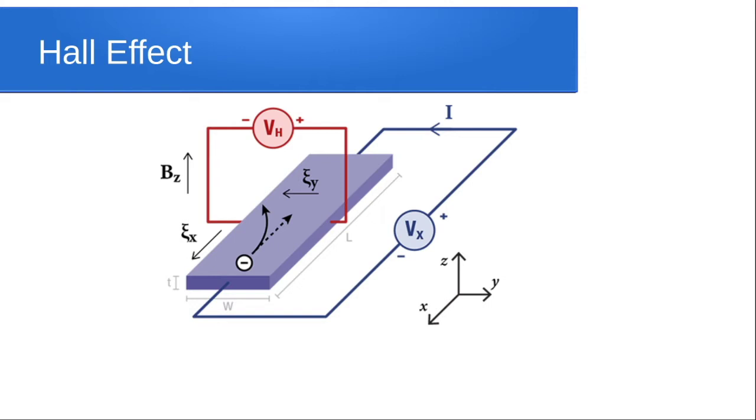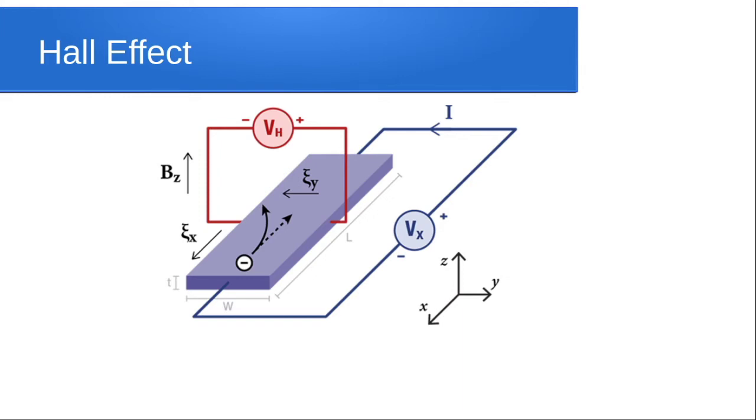Now, suppose that we keep this setup in a magnetic field, Bz, perpendicular to the direction of the electric field. Because of that, the electrons moving in the wafer will experience a deflection.